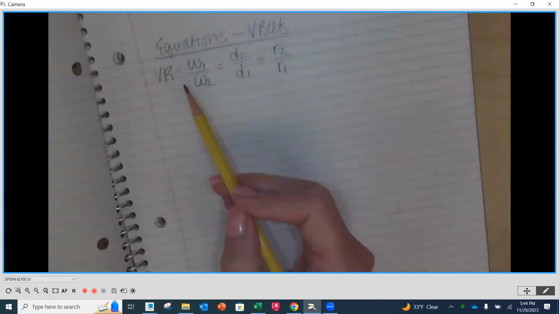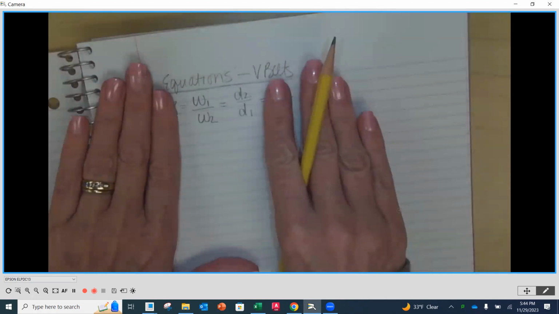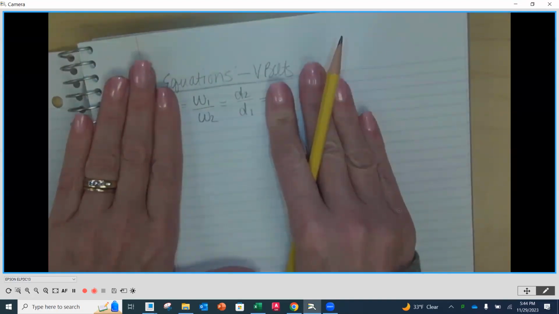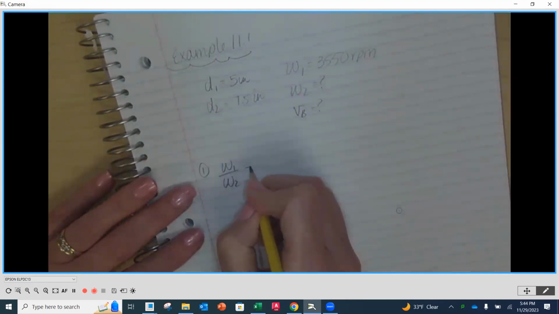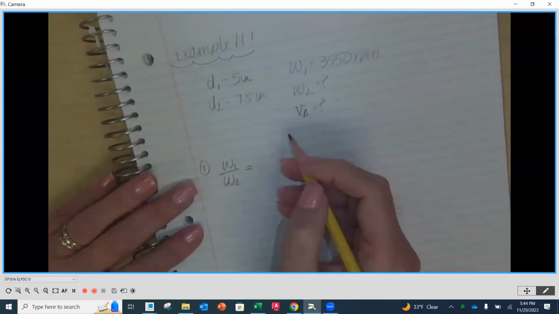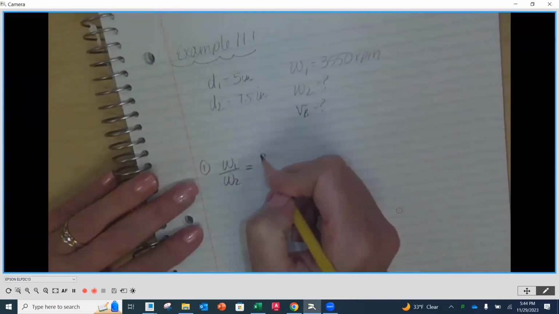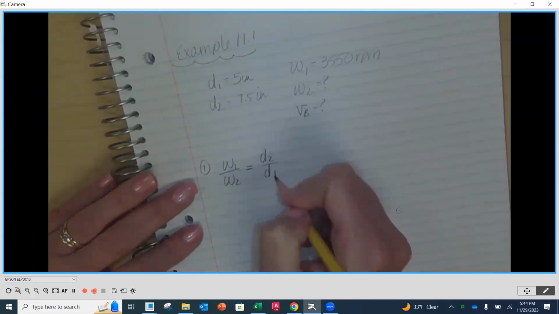Instead of writing out VR equals, we're just going to use this part right here: W1 over W2 is equal to D2 over D1, then solve for W2 and input our values. So go ahead and do that now. Don't forget to write out your equation in variable form.